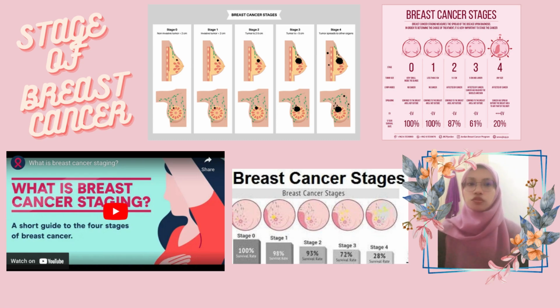This is a positive indicator in terms of prognosis and treatment options, as non-invasive cancers are typically more easily treatable and associated with a better outcome compared to invasive cancer. Next, when it comes to stage 1, there are cancerous cells in the breast tissue.